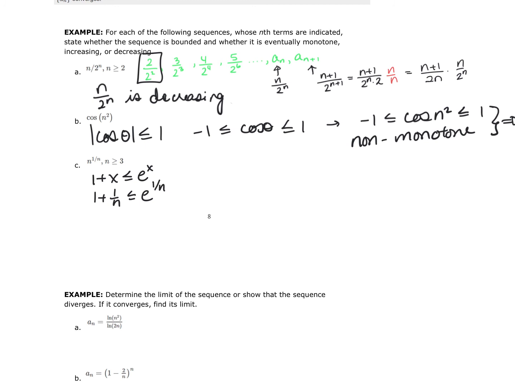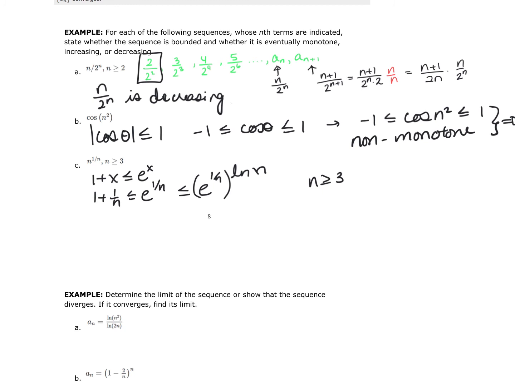And you're thinking, okay, well, that's kind of close, but really not that close. Well, we know that this also simultaneously has to be less than or equal to e raised to the 1 over n raised to the natural log of n. The natural log of n, provided, of course, that we are looking at n greater than or equal to 3, will be a number greater than 1.